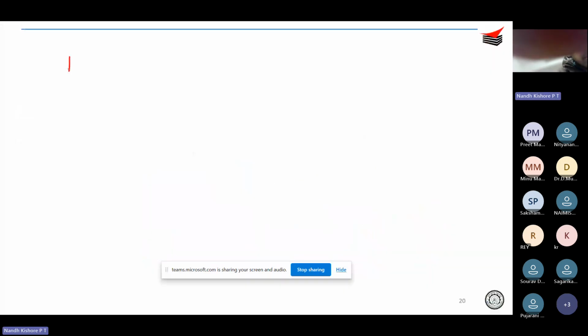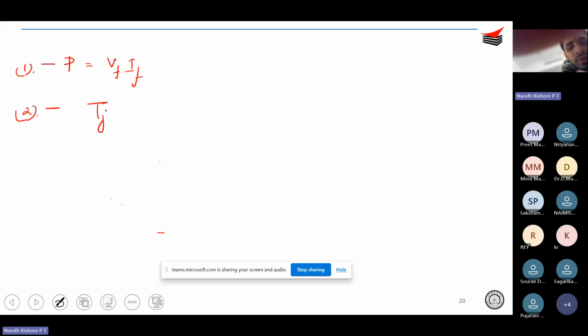So first of all, you have P is equal to Vf times If, right? So this is one. Secondly, you know that the junction is the point at which all the power loss is actually going to happen, right? So what would be the junction temperature? Junction temperature would be the ambient temperature, that is the surrounding temperature, added up with the power loss component.